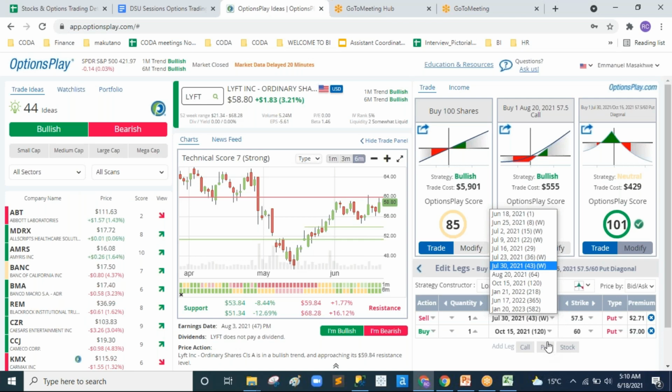Yes. But this one is at 120. That one is 140. That one is 43. Oh, okay, it's opposite. Now I see. The buy was down and the sell is up.